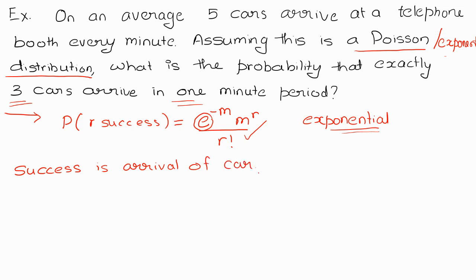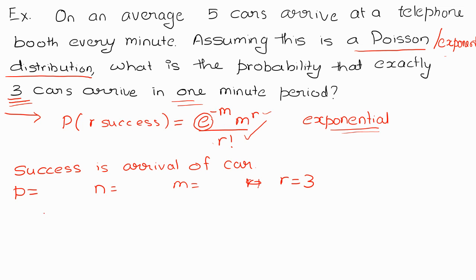Now either I can find p, or I can find n, the number of trials, or I can have the m value directly. R is known: the probability that exactly three cars arrive, that is three successes. Therefore R is equal to 3. So I can substitute it here. R factorial is known, e is known to us. Now what remains is finding the value of m.